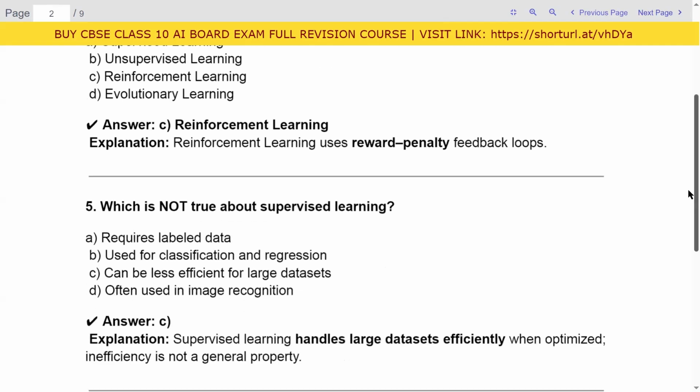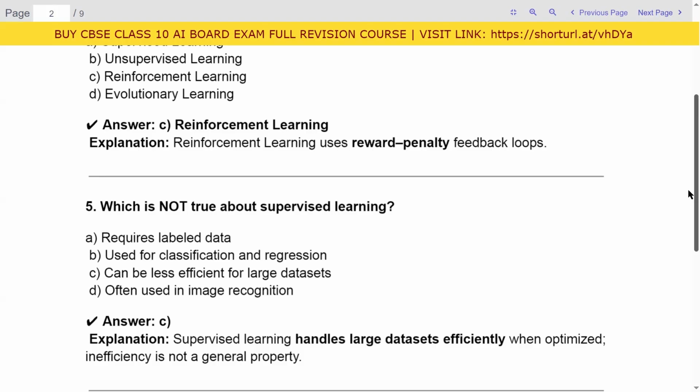Now, the next question is: which is not true about supervised learning? Requires labeled data, used for classification and regression, can be less efficient on large data sets, often used in image recognition. Supervised learning obviously requires labeled data. The two types of supervised learning are classification and regression.